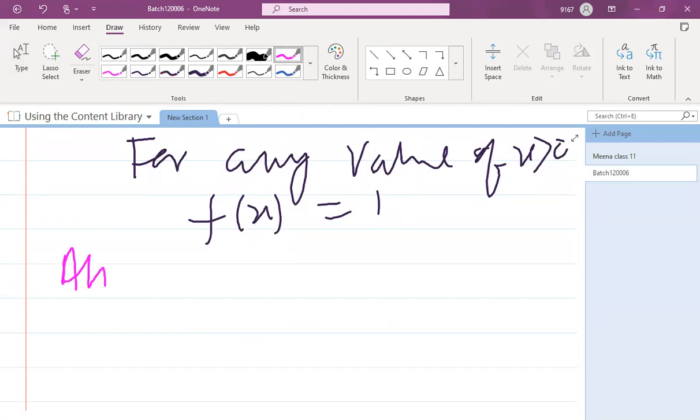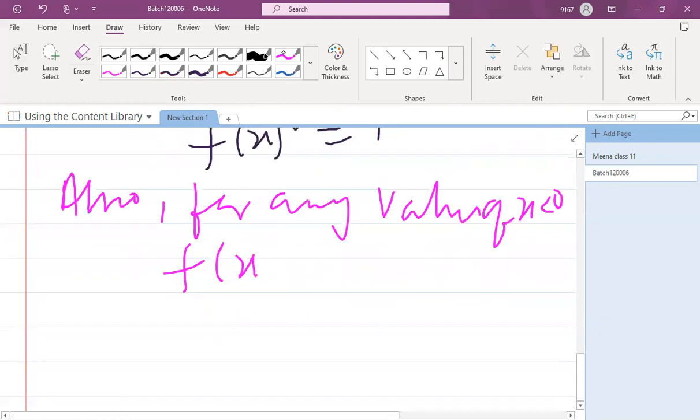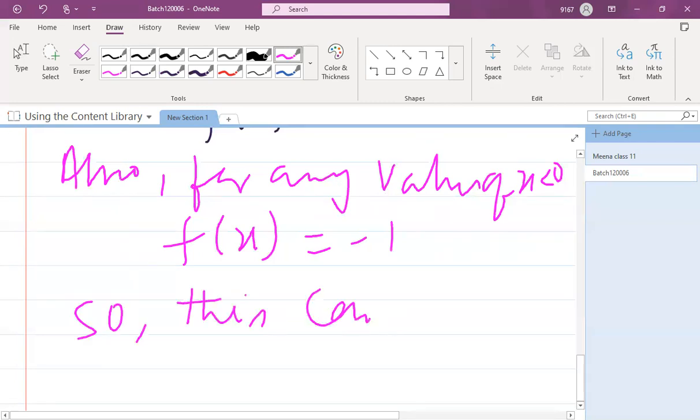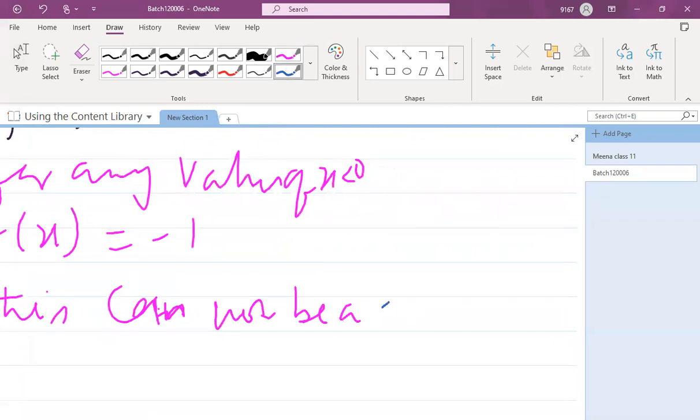Also, for any value of x less than 0, f(x) equals -1. So the signum function cannot be one-one or injective.